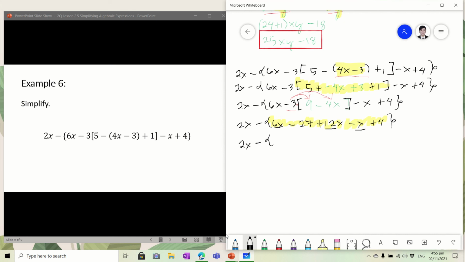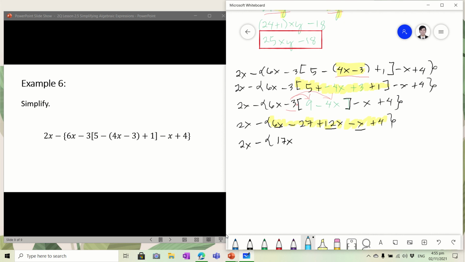So you can think of it as 6x plus 12x. So 6 plus 12, so that's 18. Okay, yes, that's 18. And then minus x. So 18 minus 1 is 17. So you write 17x.